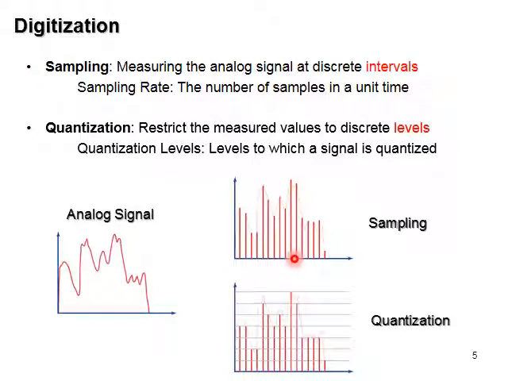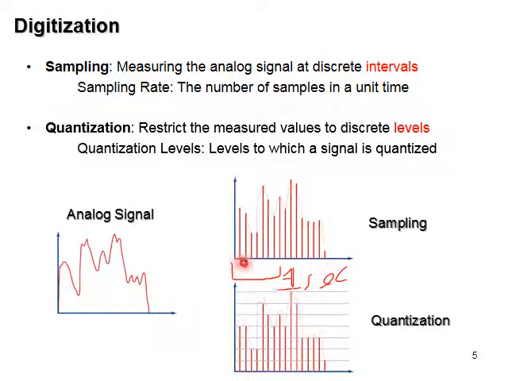Now this is sampling. The parameter called the sampling rate is the number of samples that you take in a unit time. So for example, let's assume that from this point, let me draw it here, to this point is, for example, 1 second. If this is 1 second, let's count how many samples we took in that 1 second.